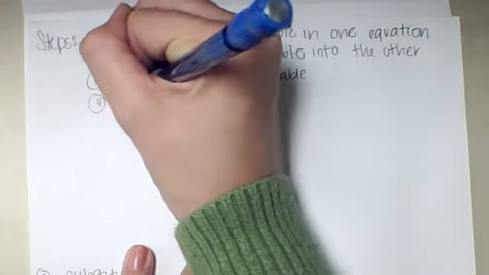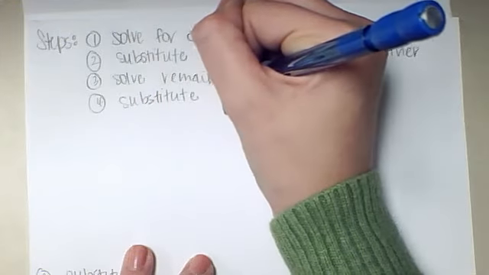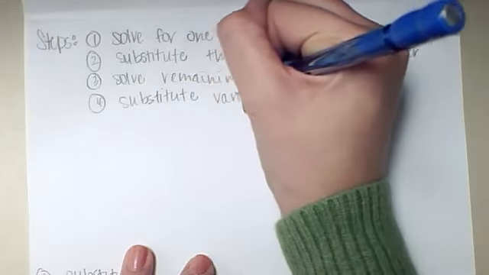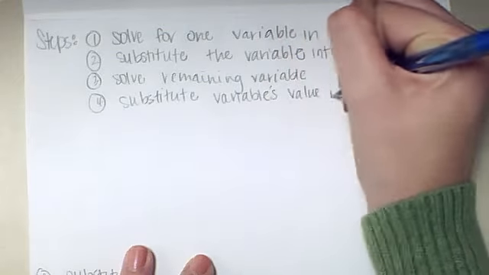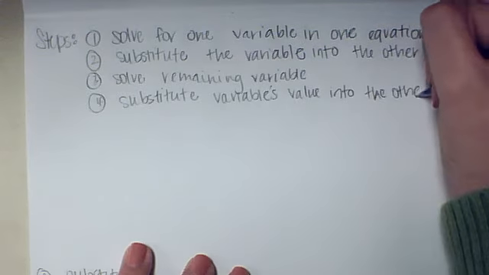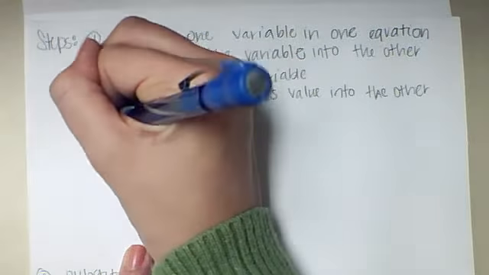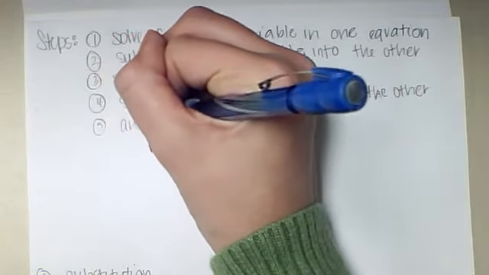Step four is to substitute the variable's value into the other equation. And step five is to write the answer as an ordered pair.